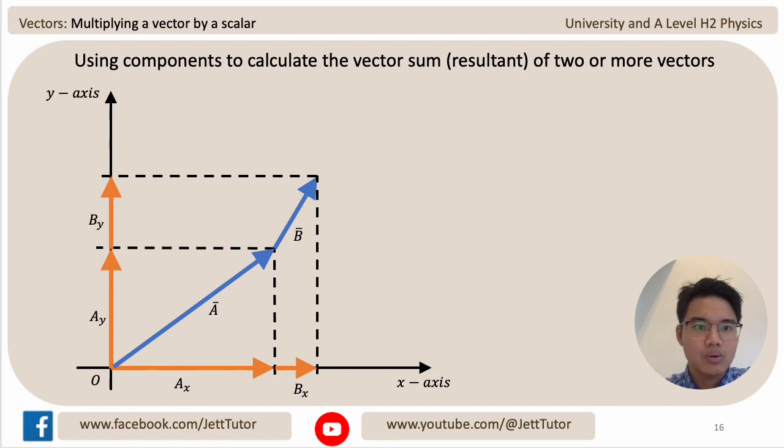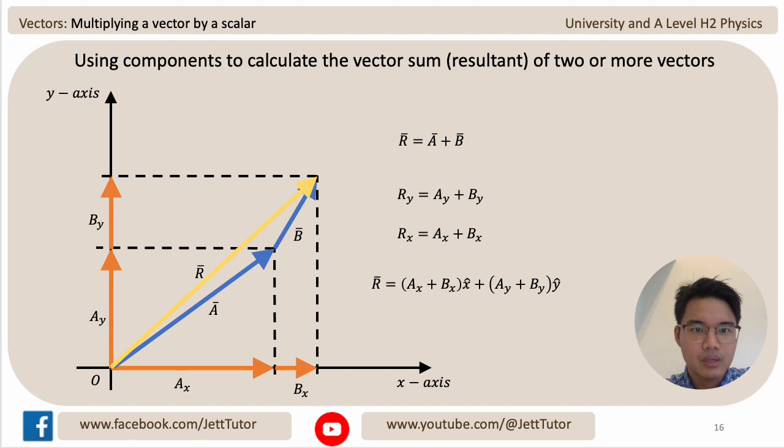So now the resultant vector is vector A plus vector B. We can decompose the vector R: ry equals ay plus by, rx equals ax plus bx. Therefore, vector R can be decomposed into the sum of x and y component vectors.